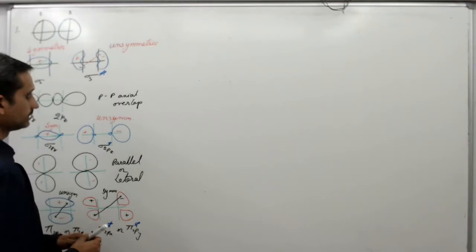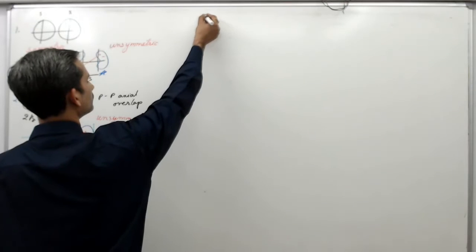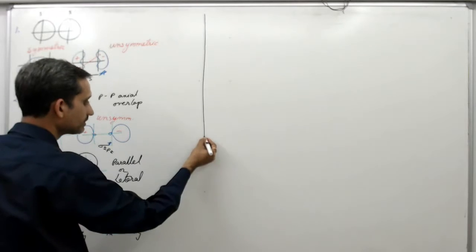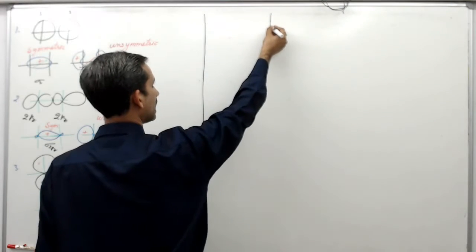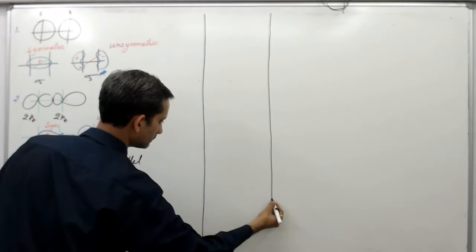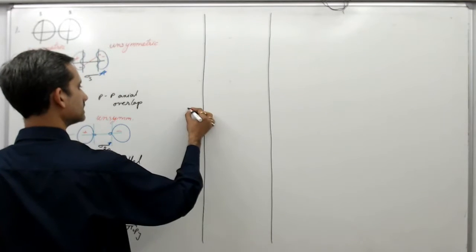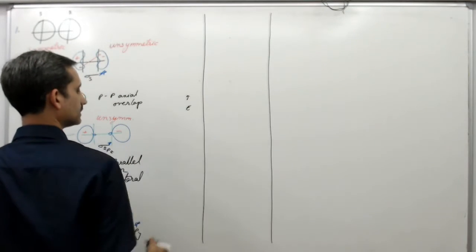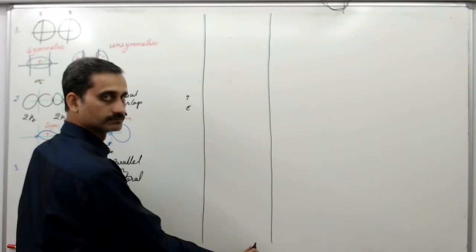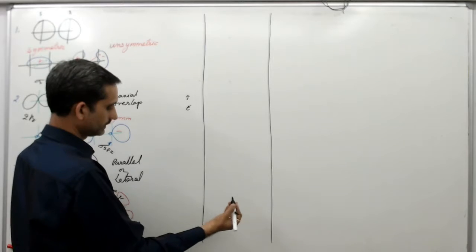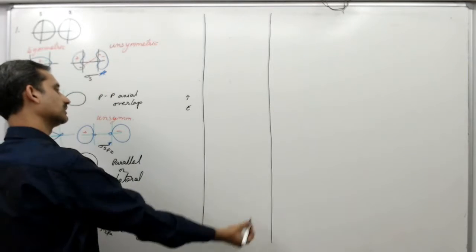Please remember, this is just a graph of the energy. This is the energy of one atom. This is the energy of another atom. And I'm just going to plot the energy.